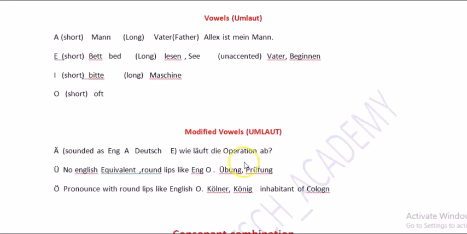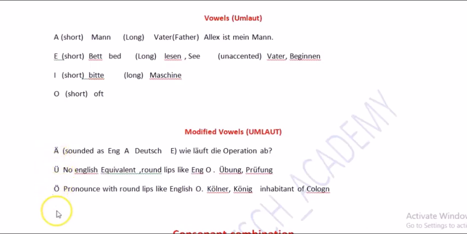Eaten. So now we are coming to modified vowels, the umlauts. What does modified vowel mean? These are pure German letters. I haven't explained or written them in the first video of lesson one.